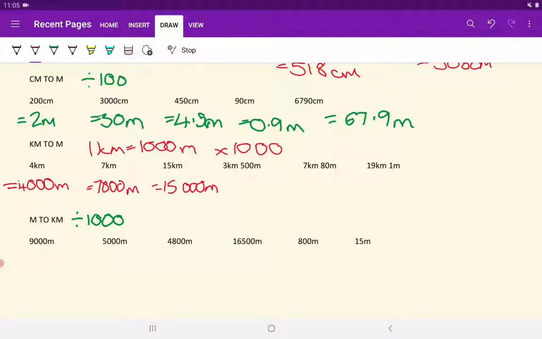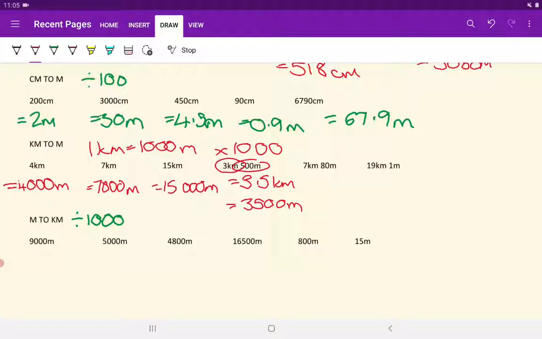Okay, now the next one. 3 kilometres, 500 metres, or we might see that written as 3.5 kilometres. Times that by 1,000, we get 3,500. Okay, or the 3 kilometres, 3 times 1,000 is 3,000, and then add on that 500 is 3,500.